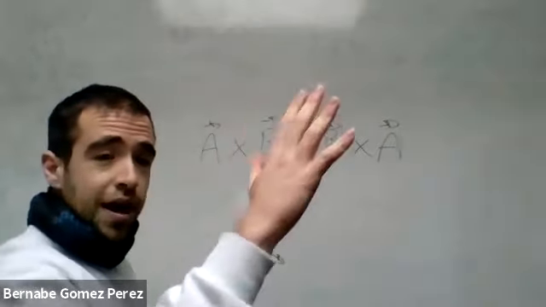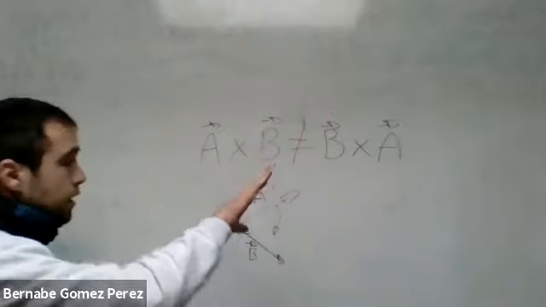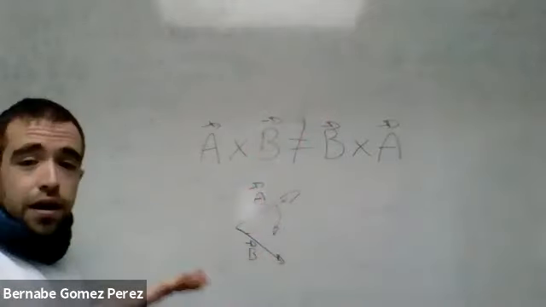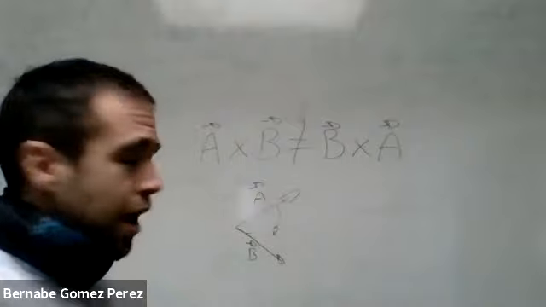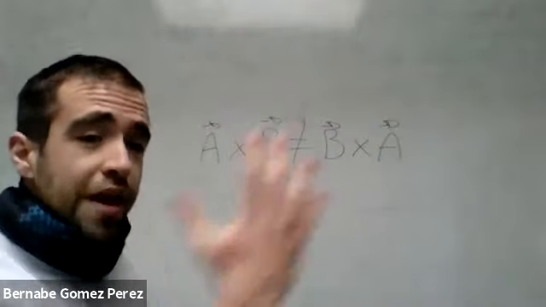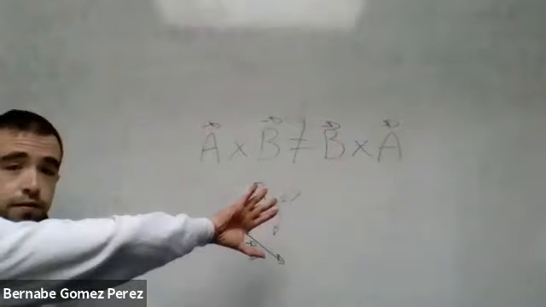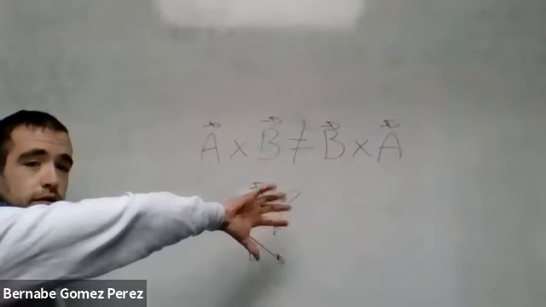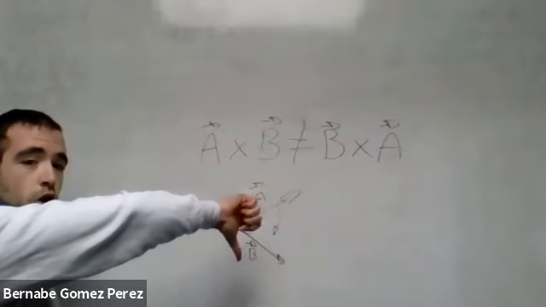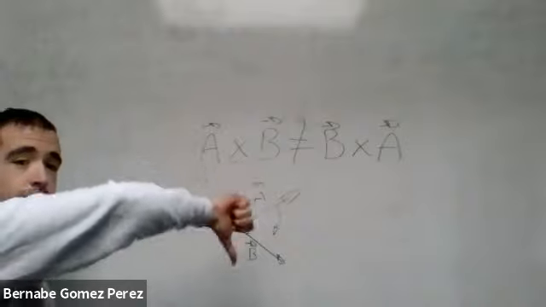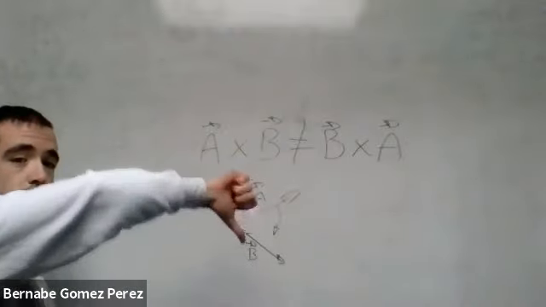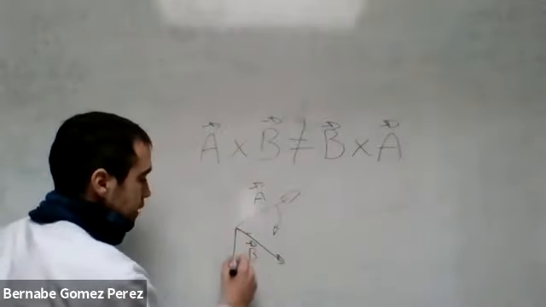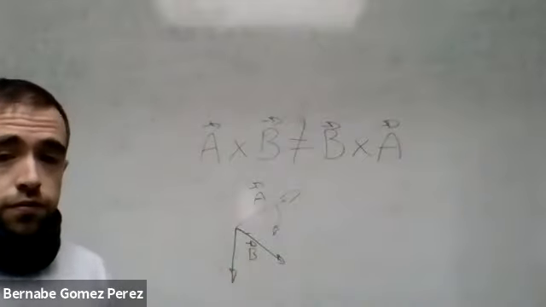So I take my right hand and emulate how A would cross to B with my right hand. A crossing to B. So my thumb is pointing downwards. The solution is going to have this direction.